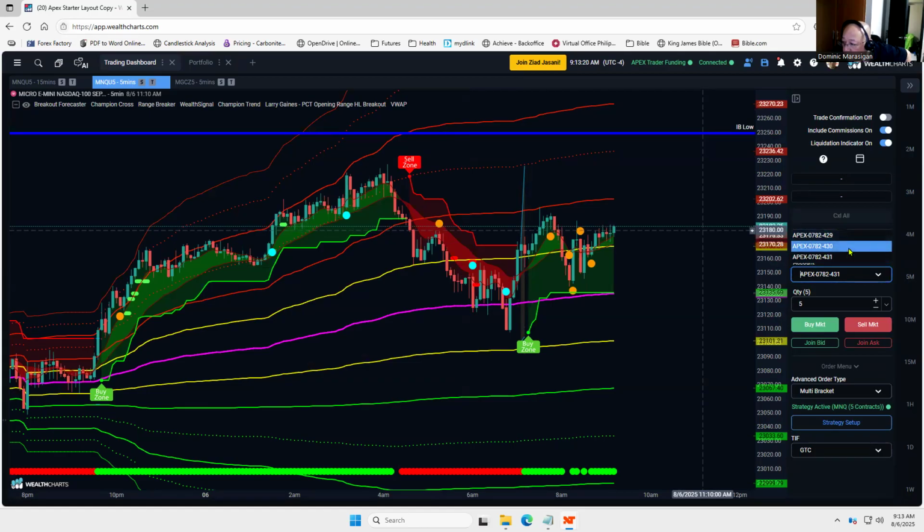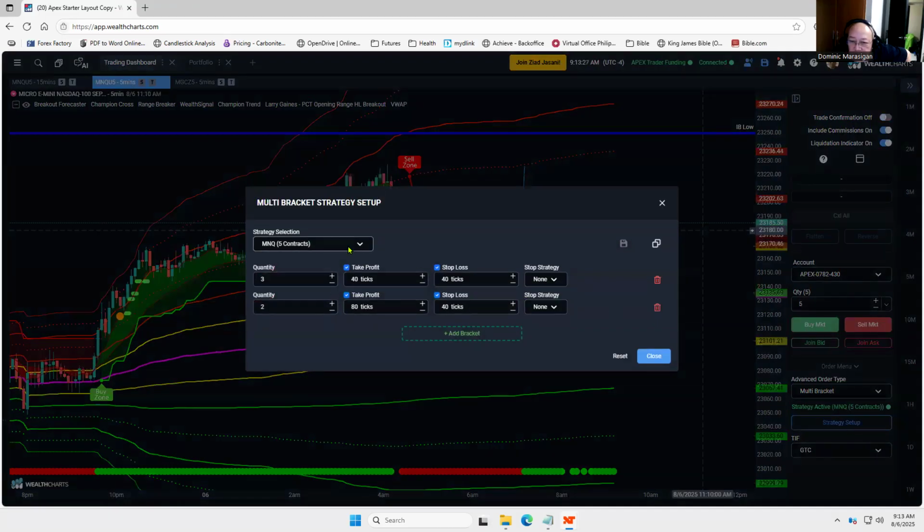And we will do our two contracts, which is multi-bracket strategy setup. Two contracts right here. I want to adjust this to 40 ticks stop loss. First target is going to be 40 ticks. This one will be 80. So I'm just changing this, save that.